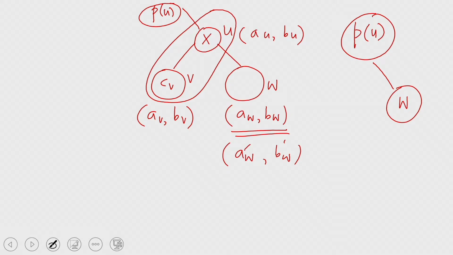So, first let us evaluate what is the value being sent up to P of U in the original tree. The node V evaluates to CV, therefore, the value that node V sends up to node U is AV times CV plus BV.